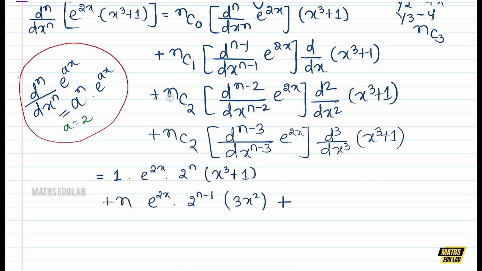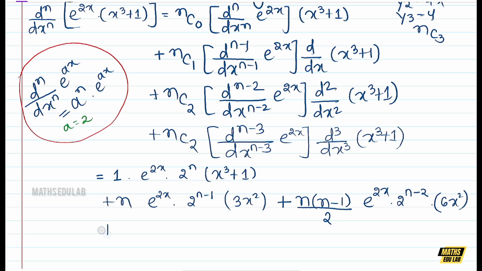Plus again nC2, whose value is n into n minus 1 by 2, and for this derivative I can write e to the power of 2x into 2 to the power n minus 2. Again, the derivative of g will be 6x.